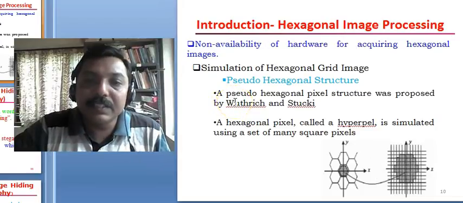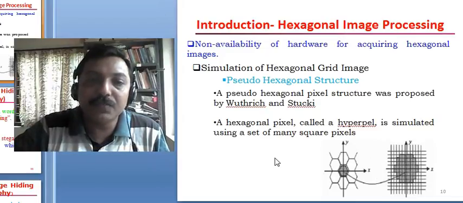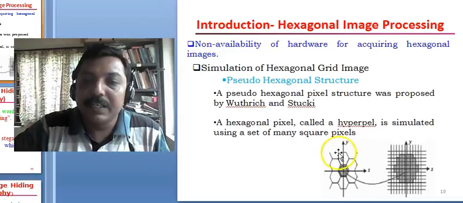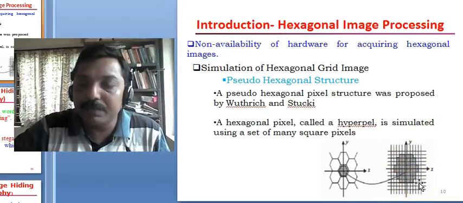So this structure was proposed by Woodridge and Stuckey, and in this type of simulation, a hexagonal pixel, which is called a hyperpel, is simulated using a set of many square pixels as shown in the figure. That is, a single hexagonal pixel is created using many square-shaped pixels, and the square-shaped pixels are taken from the original image.